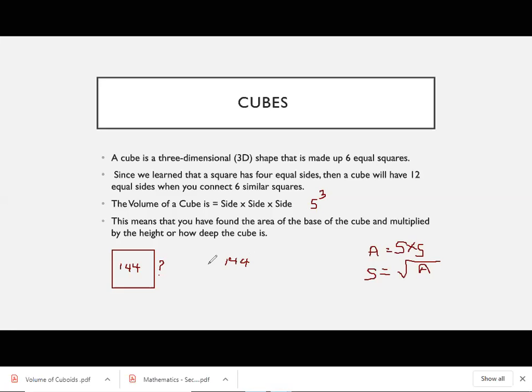It is the square root of 144. What does that mean? It means what number will I take and multiply it by the same exact number to get 144? And that is 12.